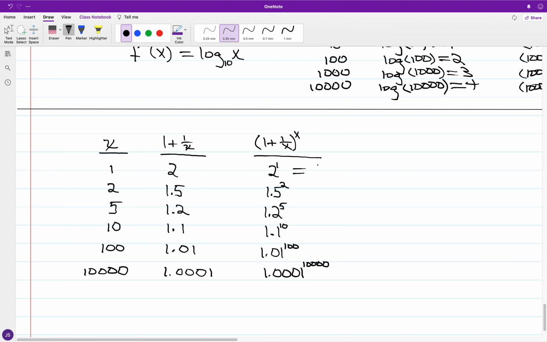So for 2 to the first, this will go to 2. The square of 1.5 will go to 2.25. For 1.2 raised to the fifth, we have 2.48832. Now for 1.1 to the 10th, among the first digits you have 2.5937.